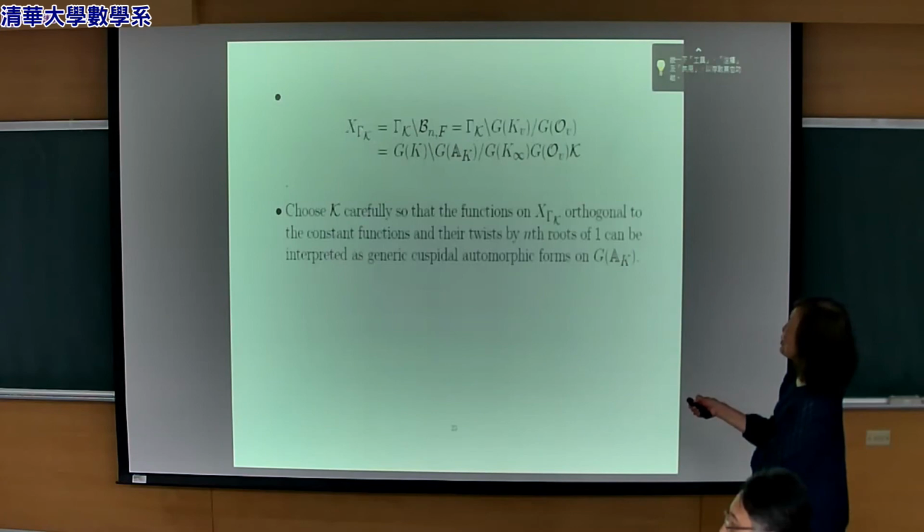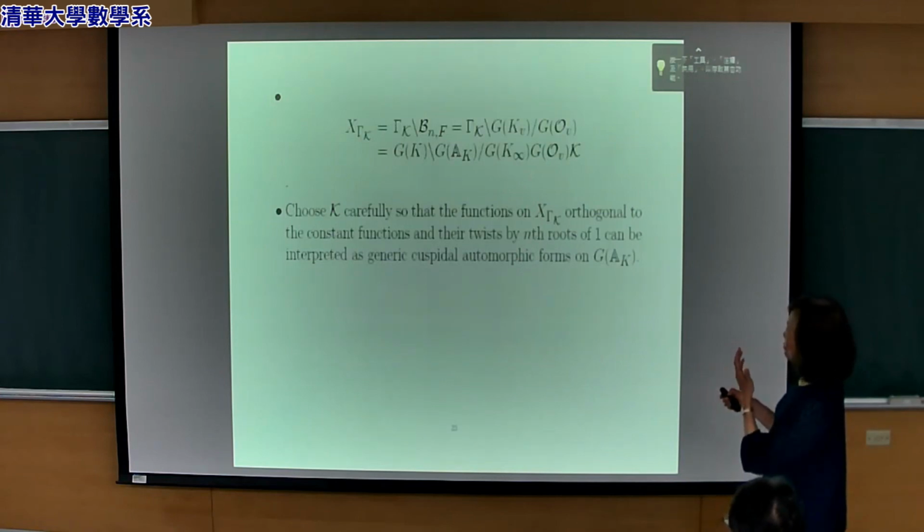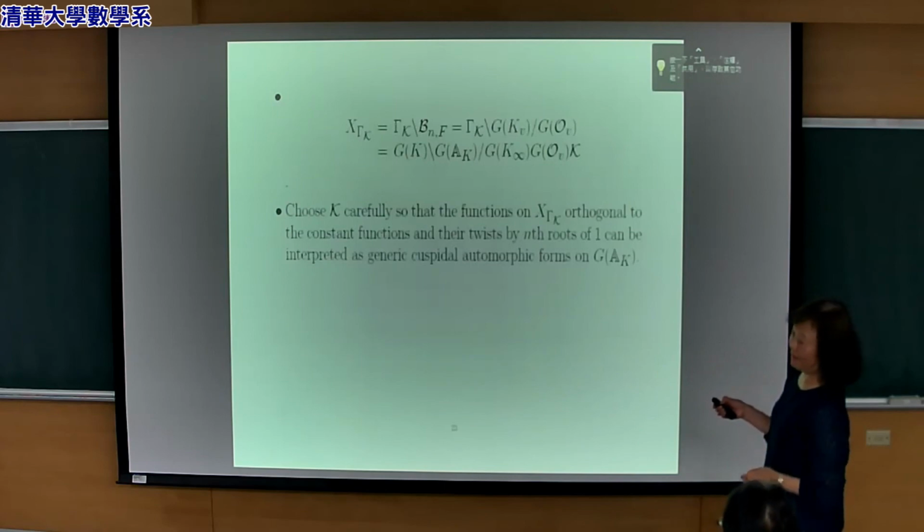So if you choose your group properly, then you can make sure that all the non-trivial automorphic forms you want over there are generic cuspidal automorphic forms. And so this is where the Ramanujan conjecture comes in. So you have the Ramanujan property, and that Ramanujan property is precisely the one which is used to define Ramanujan graphs or Ramanujan complexes.